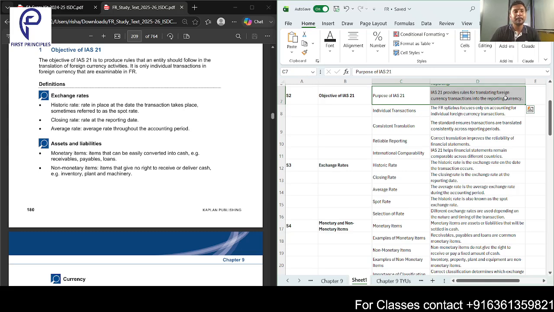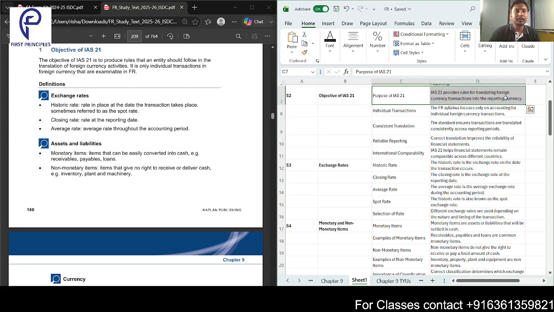That cannot be done. But what I can do is convert that £10 into rupees, which might be roughly 1,250, 260, 270. I can convert it to that, and then record it in my books. I cannot directly record it in my books. That's not allowed.